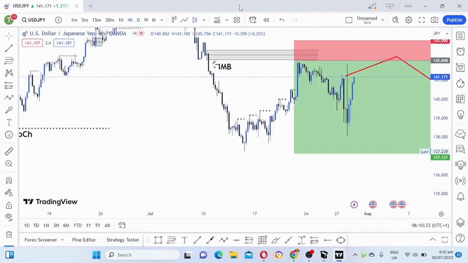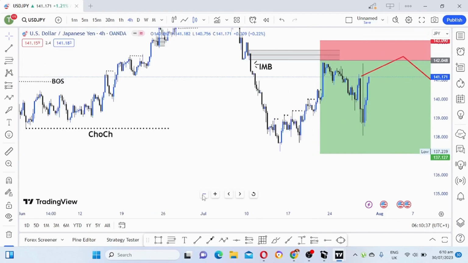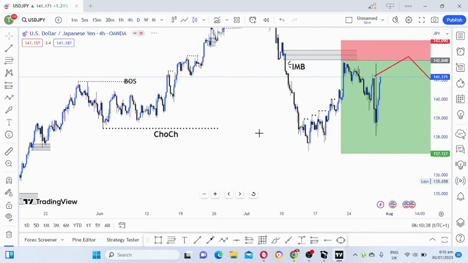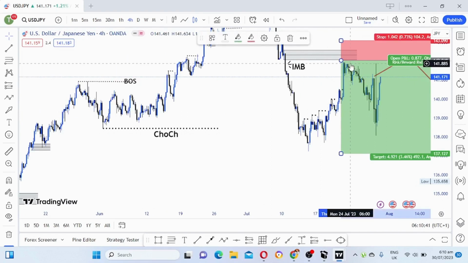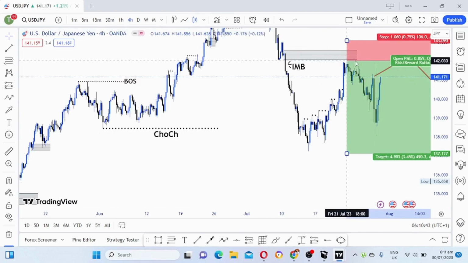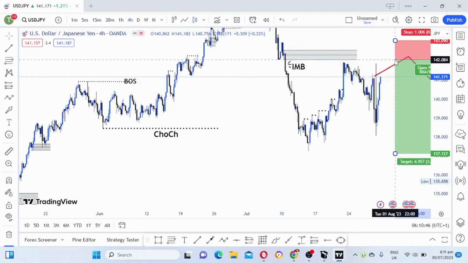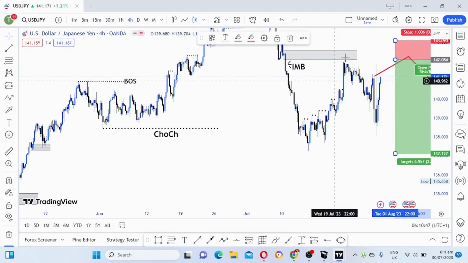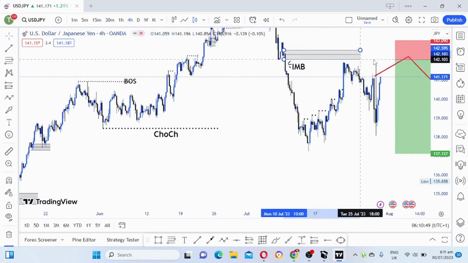I'm just waiting to see what is happening in that zone that I drew. Price has a possibility of going higher to grab liquidity, and then it sells.